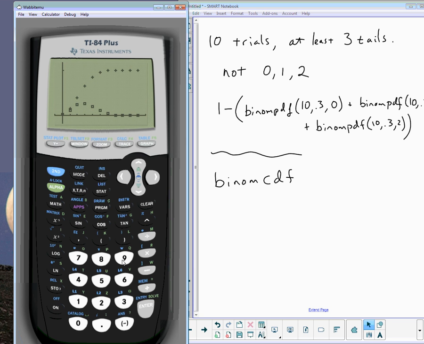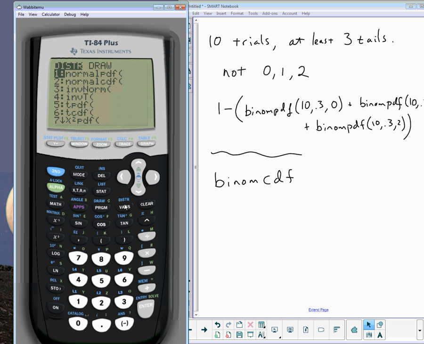Are we cool? Now, believe it or not, there's another way to do this. It's called the cumulative density function. Not PDF, but CDF. Okay? Now, second binomial cumulative density function.